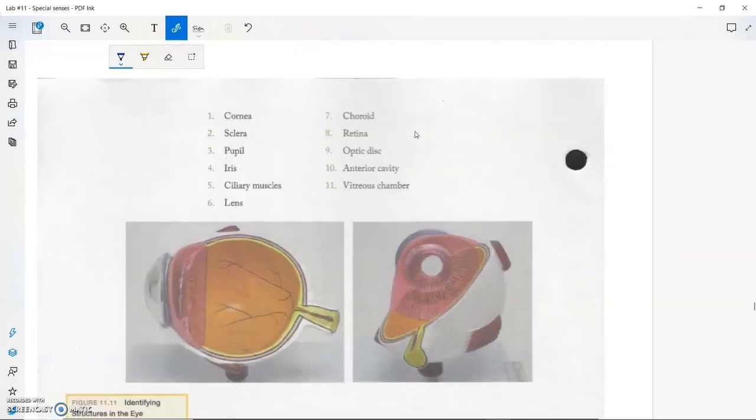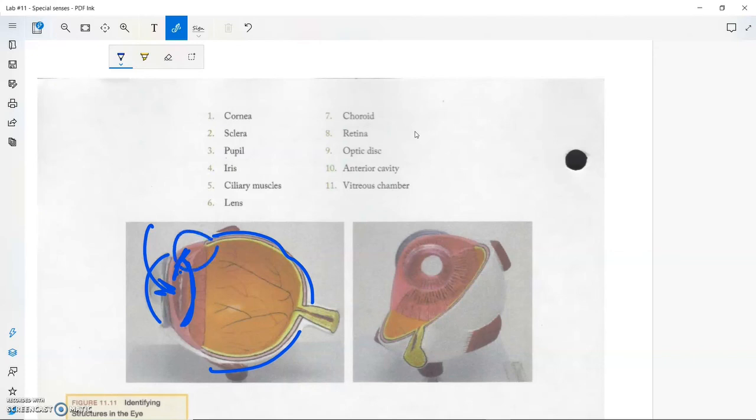So let's talk about main structures. Cornea, right here. Sclera is the white part. Pupil, should be somewhere here. Iris, that's the muscle called iris. Ciliary muscles are right here. Lens, that would be lens hanging in there.